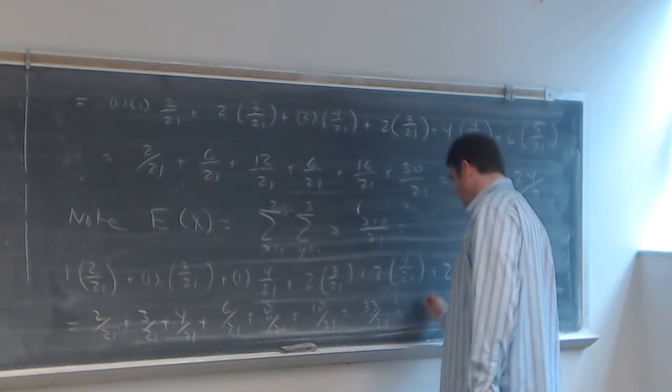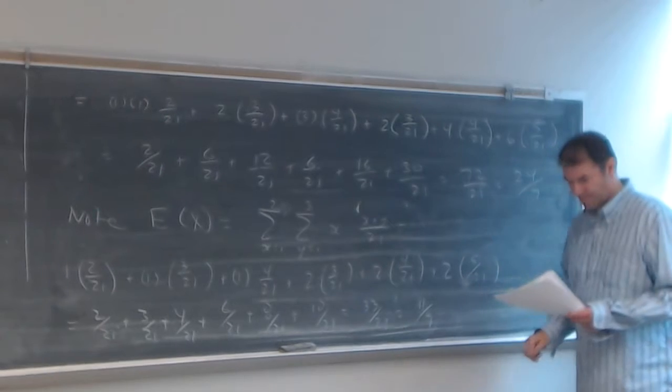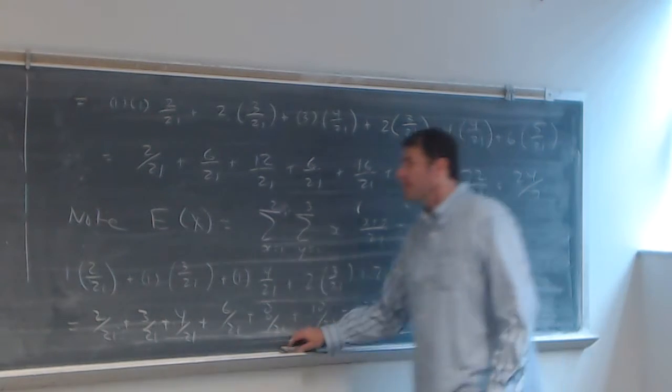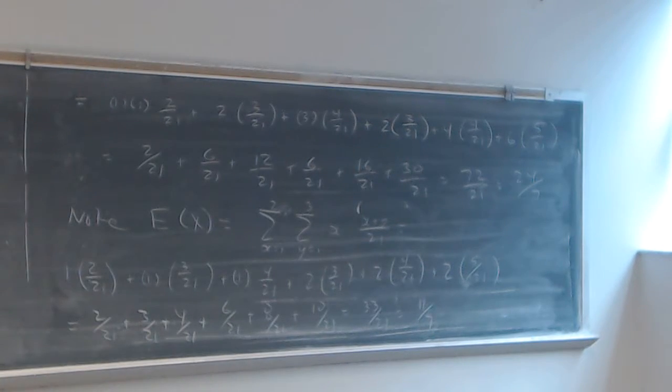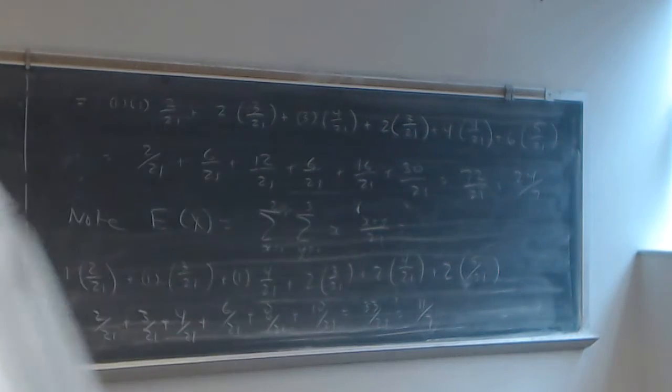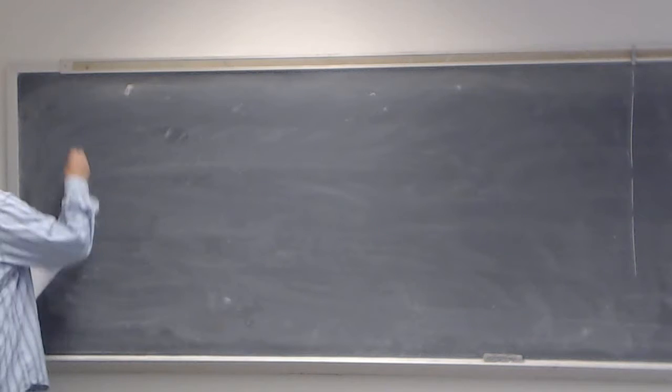Again, 3 goes into both of these. It's 11 over 7, I think. That's right. Last thing to calculate is the expected value of y.